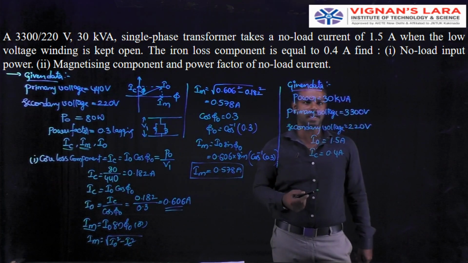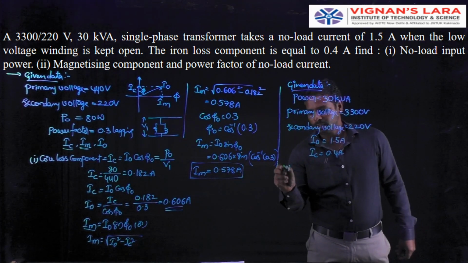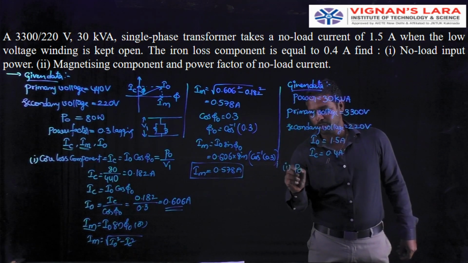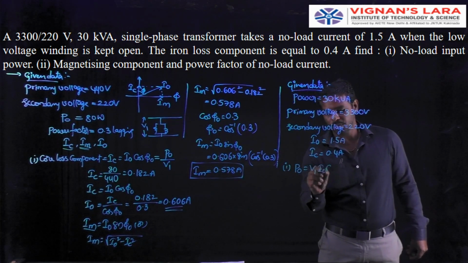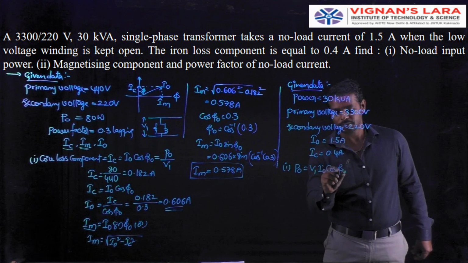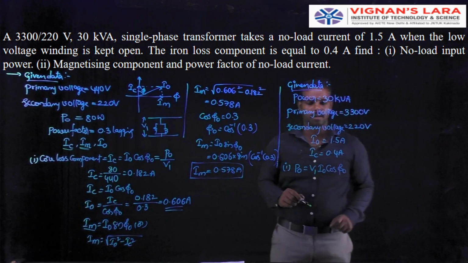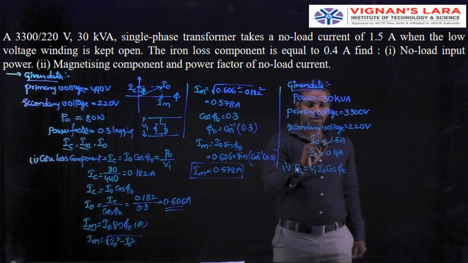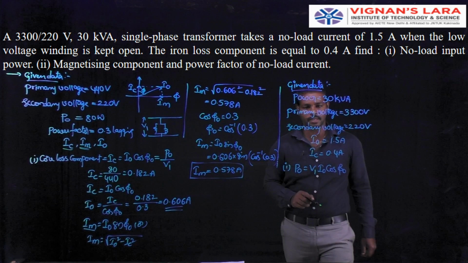So P naught value. Generally, P naught is equal to input power, which is equal to V1 into I naught into cos phi naught. I naught value is a known value. IC is equal to 0.4 amperes.